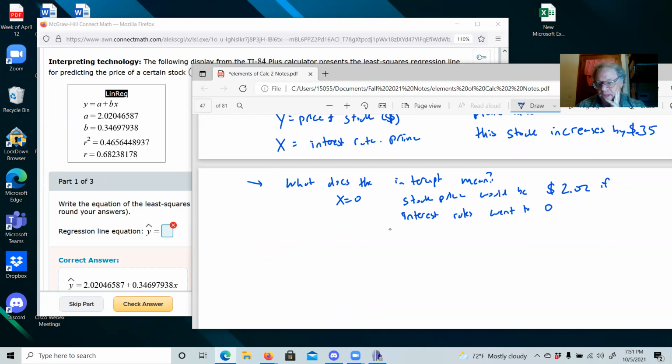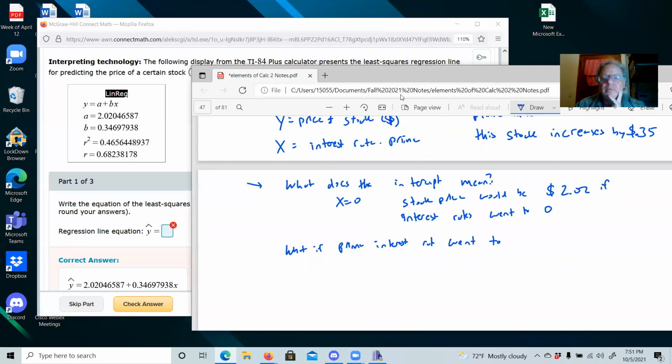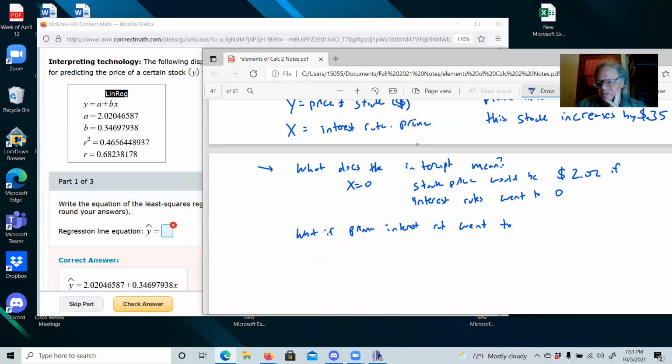Okay. What if, I don't know what the prime interest rate is right now, I just don't know that. But what if prime interest rate went to, oh, in a percent, okay. So prime interest rate went to 3%, okay? So I would want you to say, well, y is equal to 2.02 plus 0.35 times 3%.